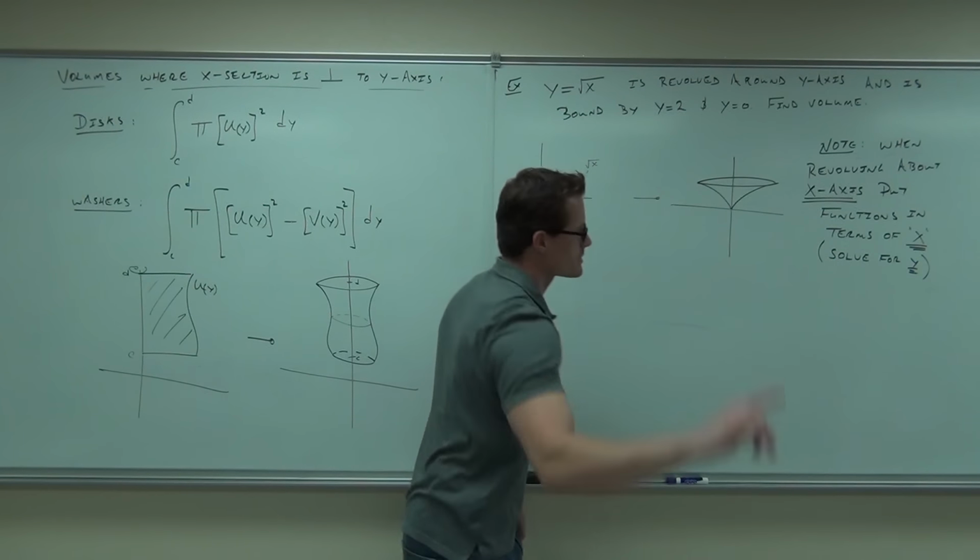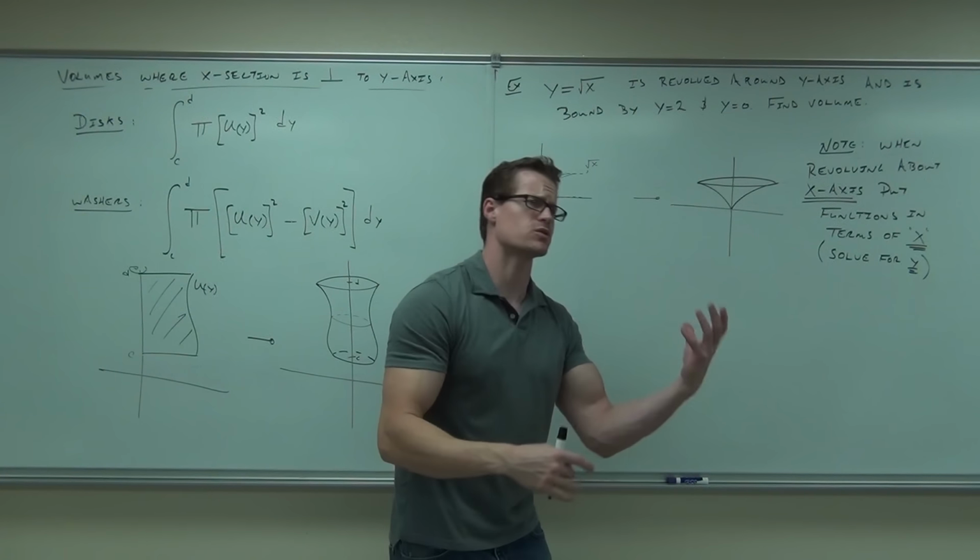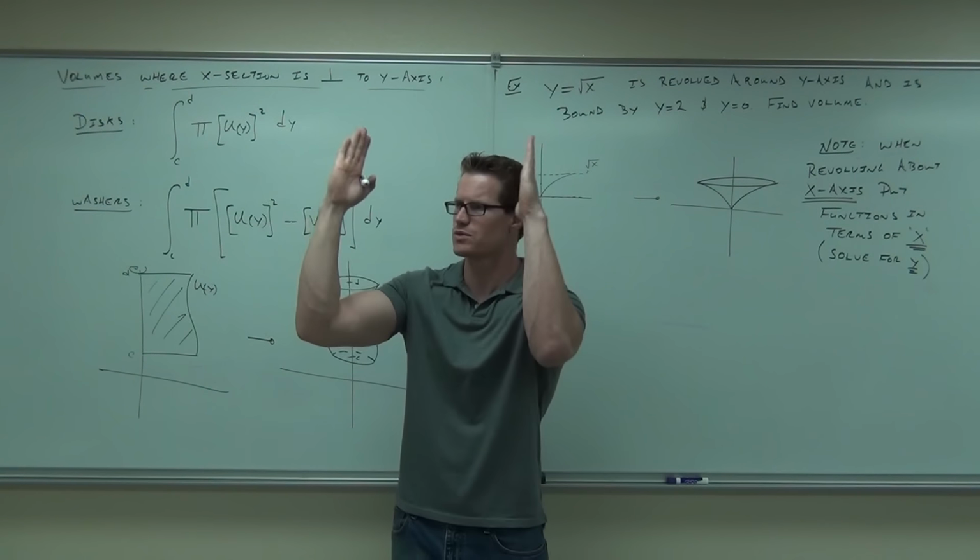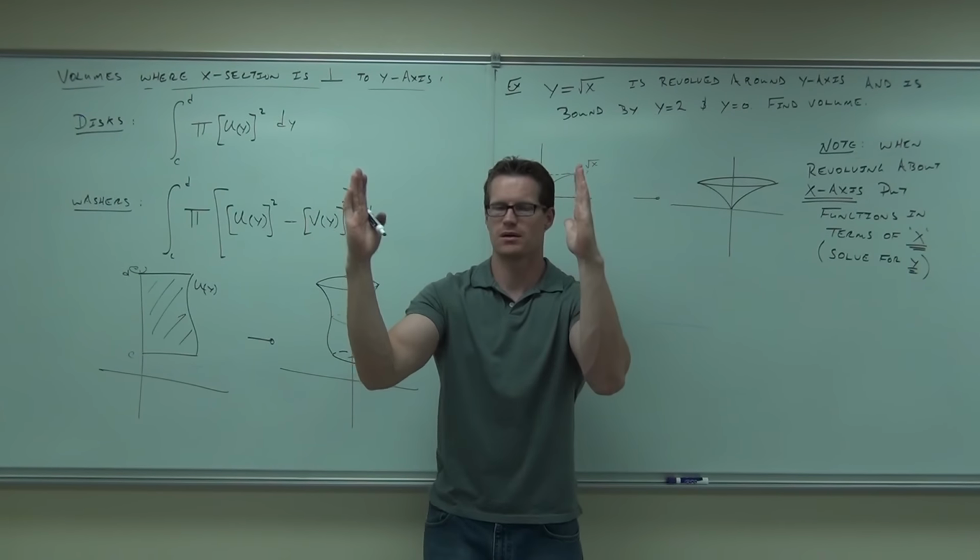When revolving around the x-axis, put functions in terms of x, because your bounds are in terms of x. You have planes that are perpendicular to the x. It's all about the x.